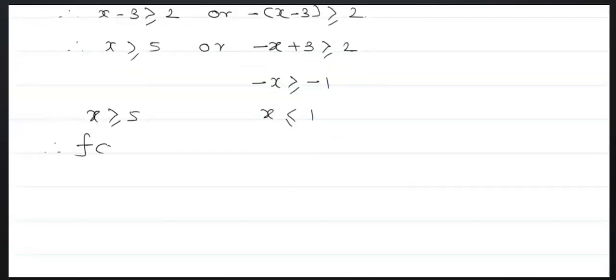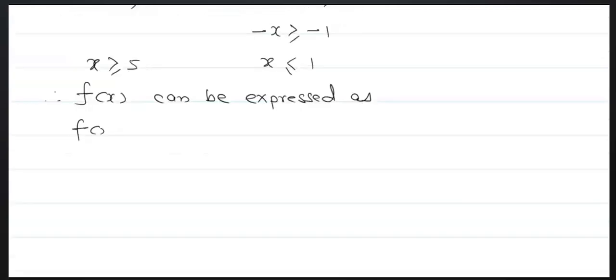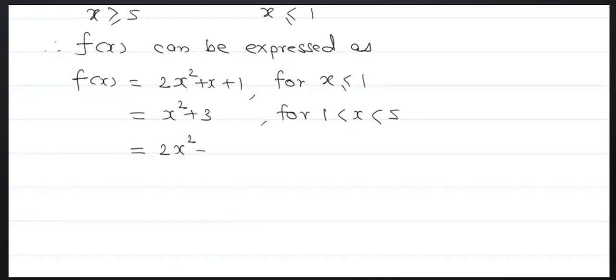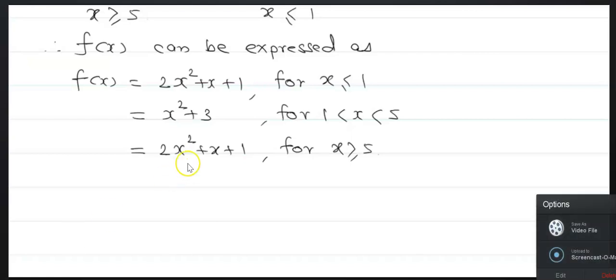Therefore x is greater than or equal to 5. f(x) can be expressed now as 2x squared plus x plus 1 for x less than 1, x squared plus 3 for x between 1 to 5, and 2x squared plus x plus 1 for x greater than 5. Now check the continuity at x equals 1 and x equals 5.